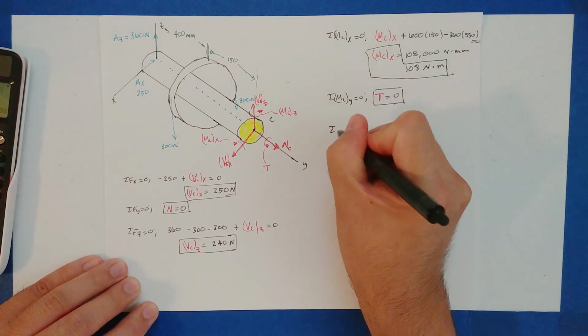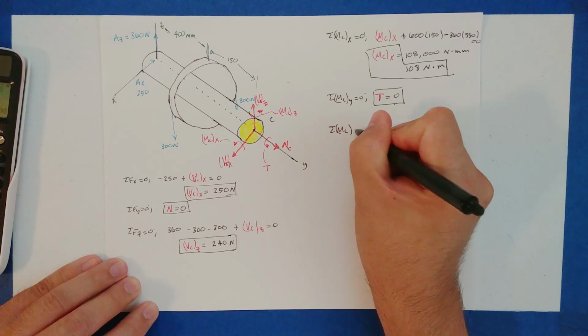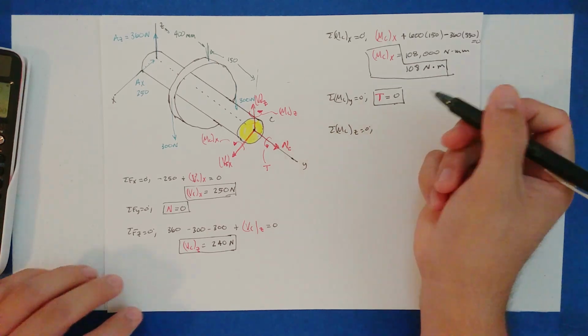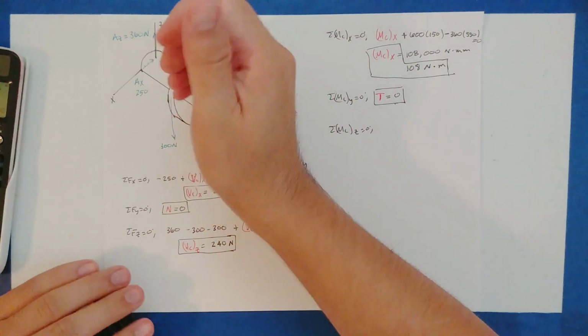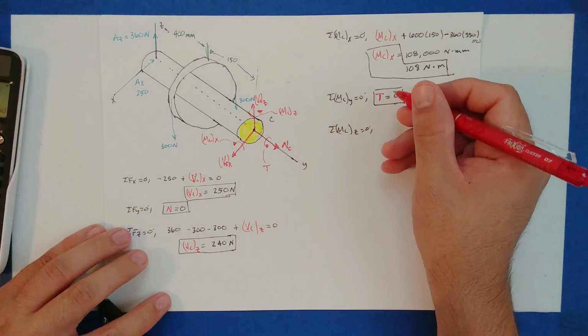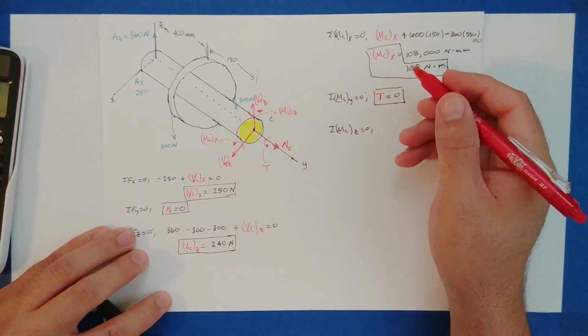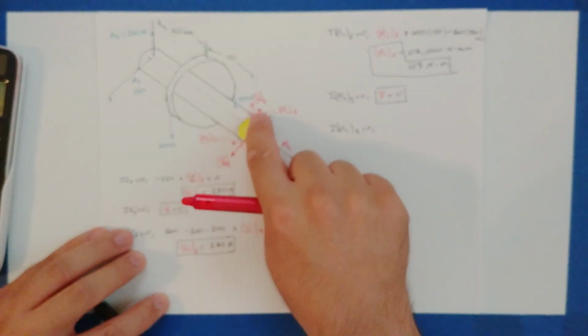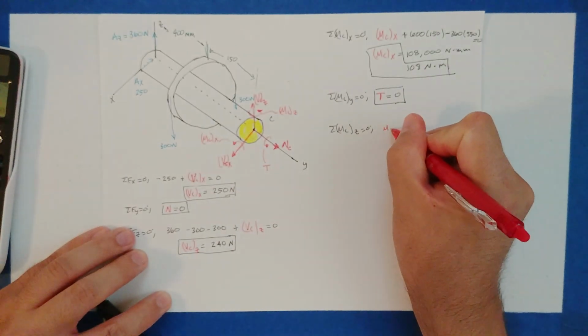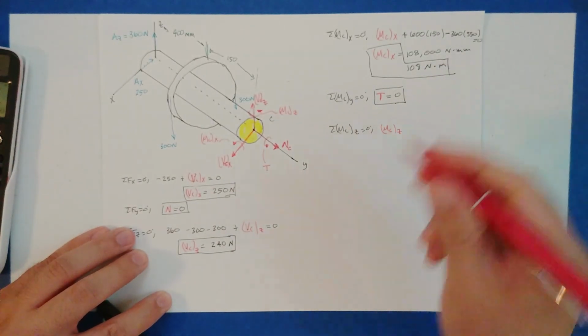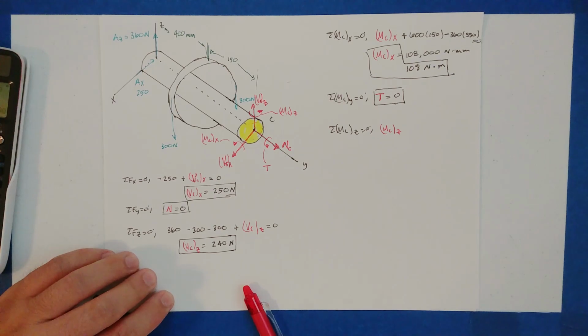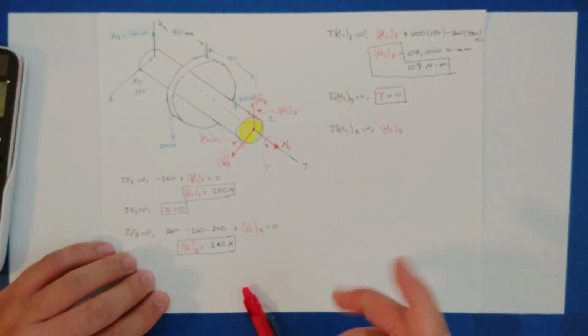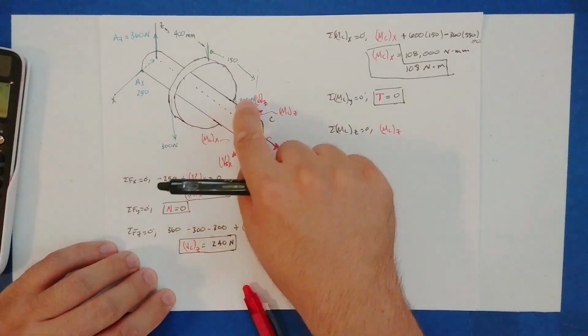And now for the last one, sum of the moments at point C now about the z-axis. We're looking for this type of rotation, right? We're going to have our initial unknown over here, this one, MC, the moment at point C about the z-axis. We assumed it to be positive, right? And then we have the 300 Newton force.